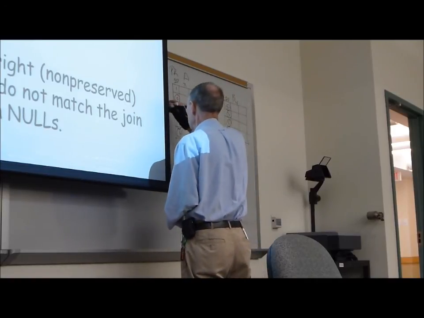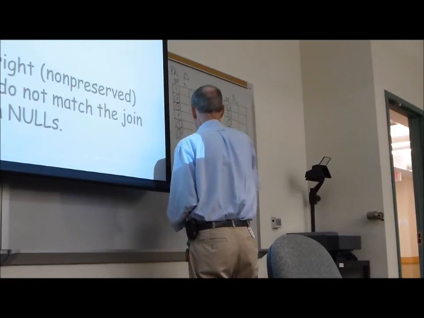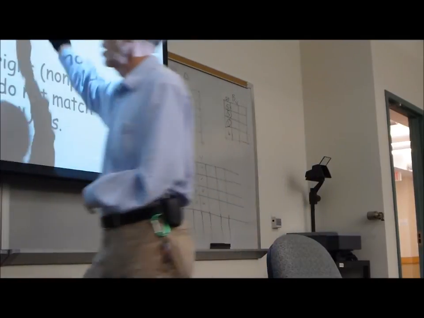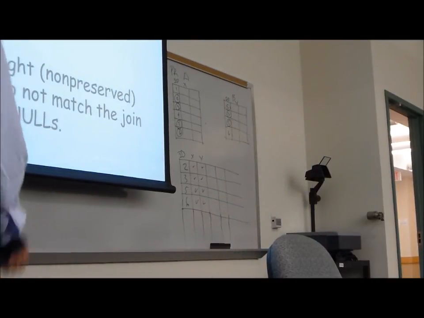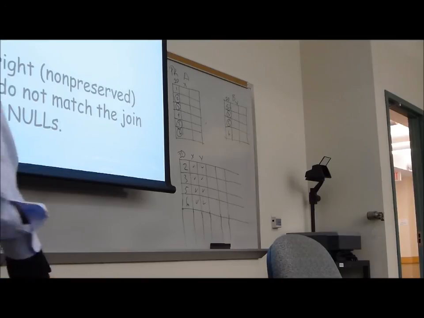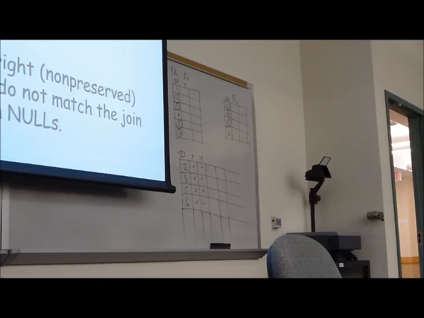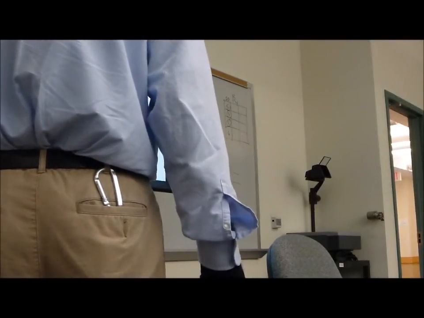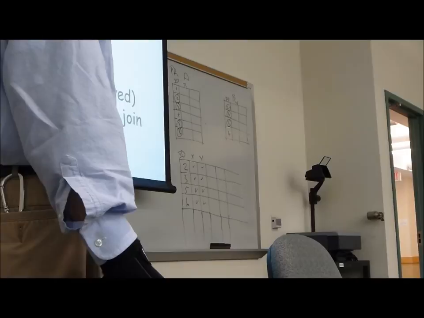We want to preserve all of the rows in there. So all the rows from the left preserved table that do not match, which is 1 and 4, are also added to the result set.